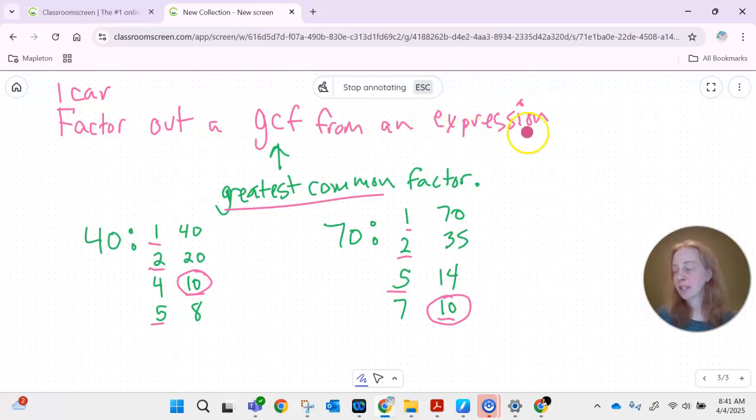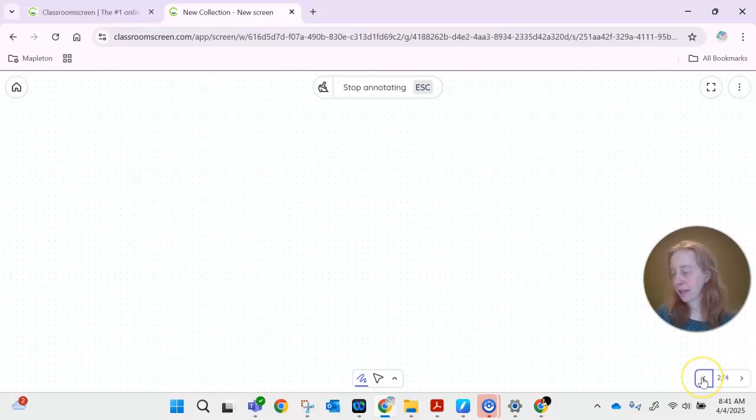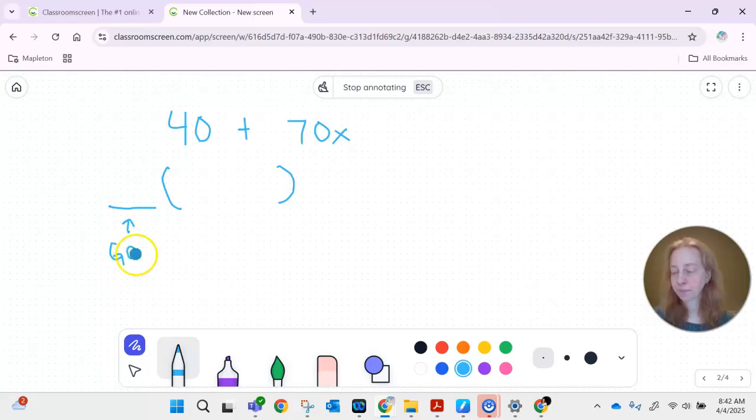Now let's put that into an example with an expression. Okay, here we go. If I had an expression like 40 plus 70x, how could I factor out the greatest common factor? That's going to look like this, with my greatest common factor out here. Now my greatest common factor I've already found, which is 10.